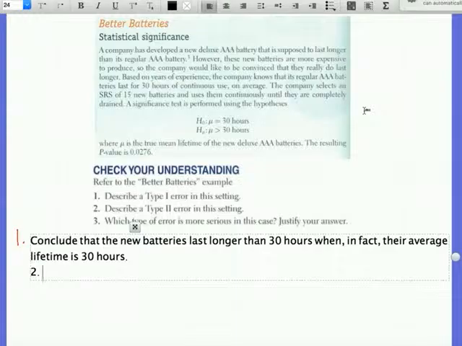Two, to describe a type 2 error in this setting. So with a type 2 error, remember that that means that you are failing to reject the null hypothesis. So you're basically saying that the null hypothesis is true even though the null hypothesis is actually false.